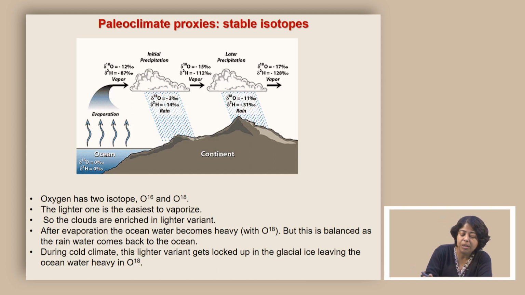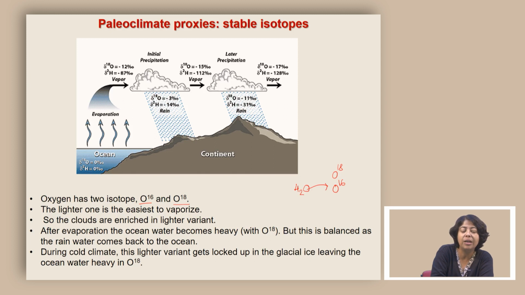As I mentioned, at this point we are going to talk about two primary isotopes of oxygen, one is O16 and the other one is O18. Now, we know that in the ocean there is water. So, water means H2O, and this oxygen now has two components, one is O18 and the other one is O16. Now, various isotopes will have different proportions in the natural system.